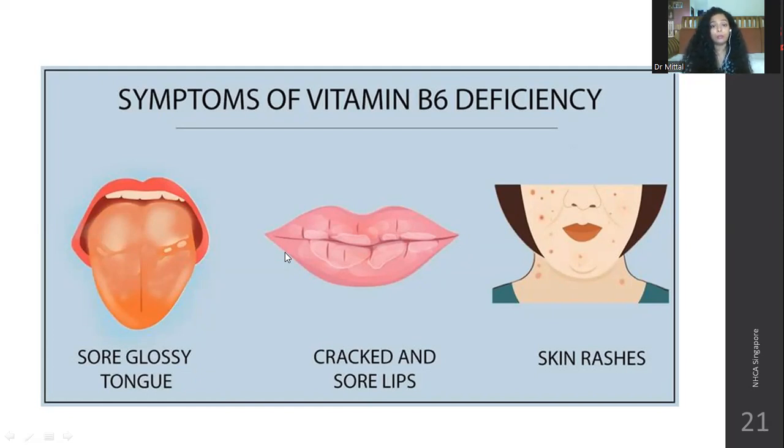The symptoms of vitamin B6 deficiency, again, a sore, glossy tongue, glossitis, inflammation of the tongue, cracked and sore lips, angular stomatitis, cheilosis, skin rashes, pimples, itchy skin, and it could lead to dermatitis as well.